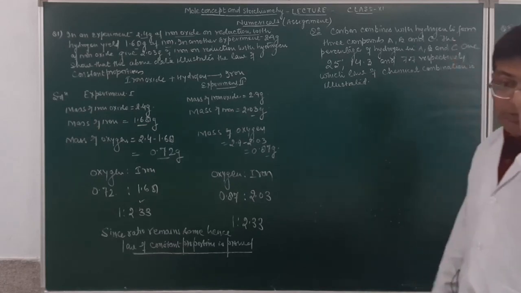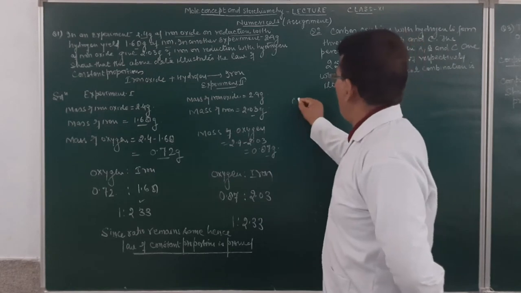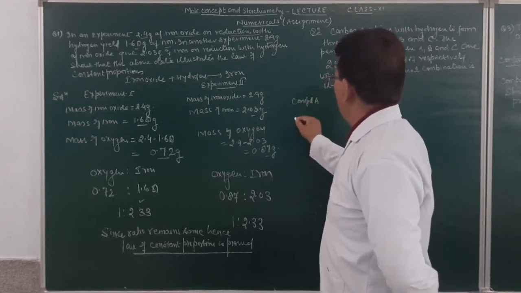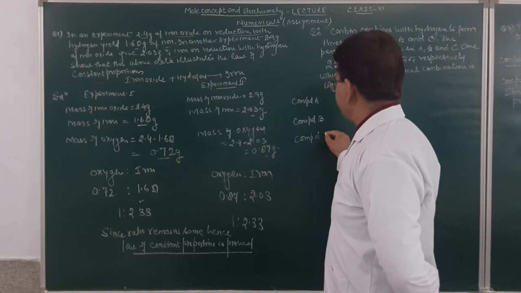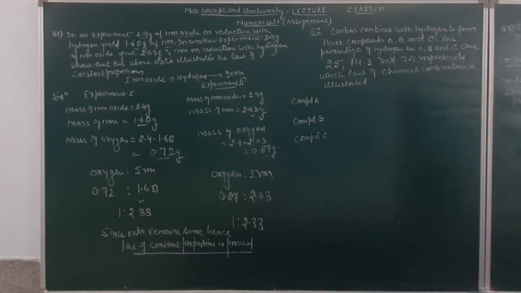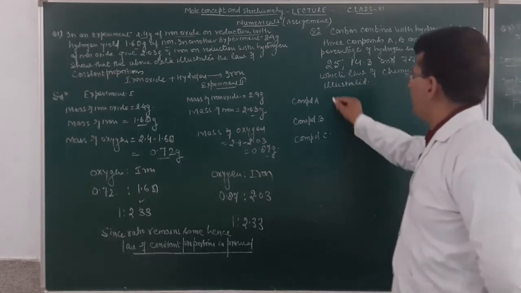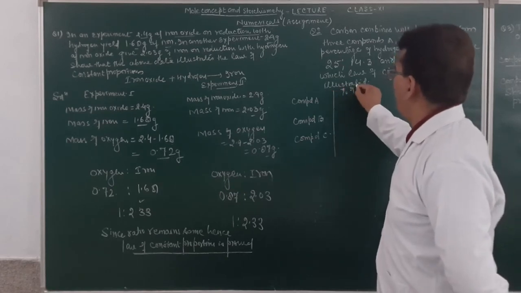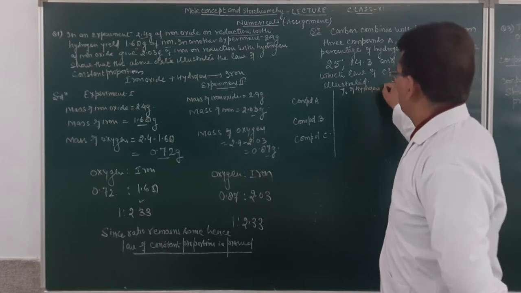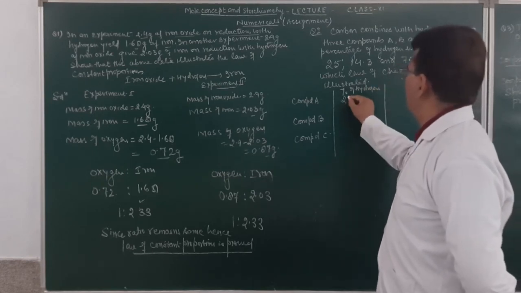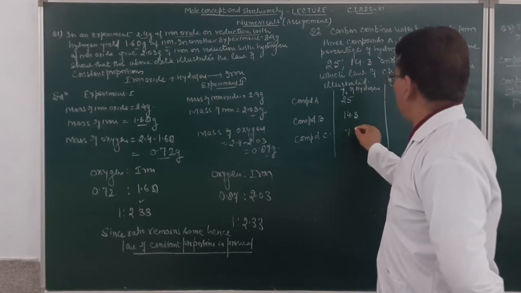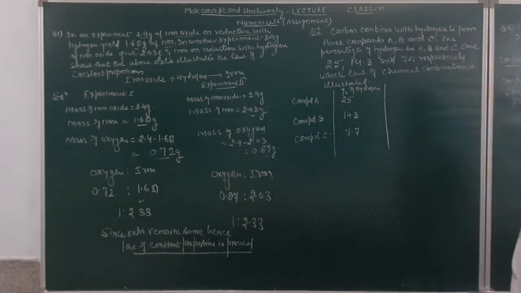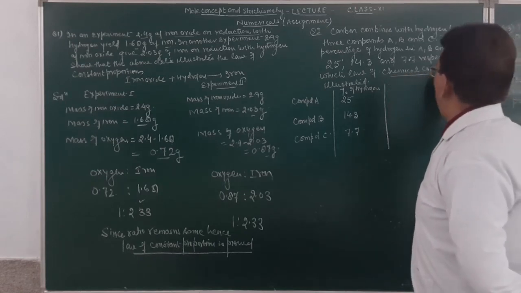This is compound A, compound B, and compound C. Carbon combines with hydrogen to form compounds A, B, C. The percentages of hydrogen in A, B, and C are 25, then 14.3, and then 7.7. Which law of chemical combination is illustrated?